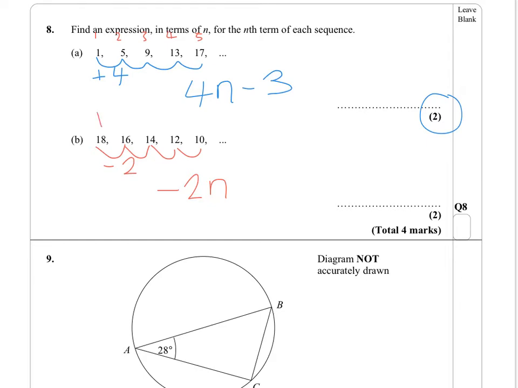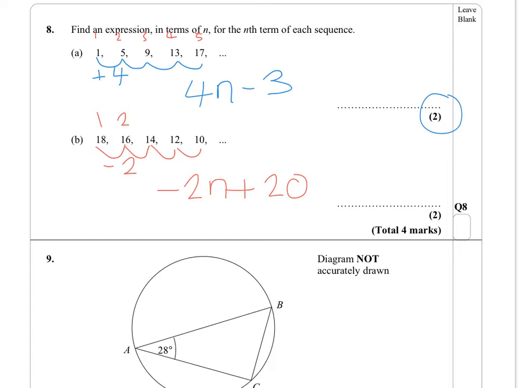The first term is 1, so minus 2 times 1 is minus 2. But oh no, the first term is actually 18. How do I go from minus 2 to 18? Plus 20. It's quite a tricky one, that. Let's test it on the second one, just to show you that it works.